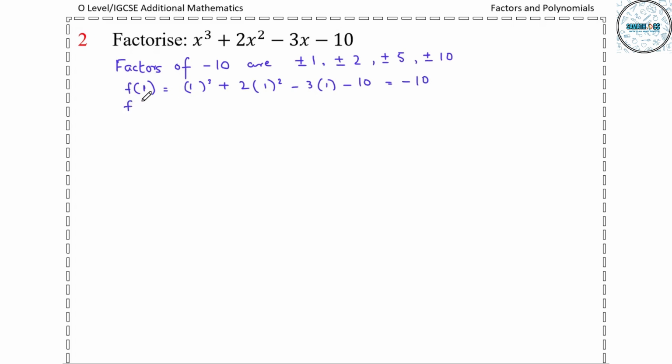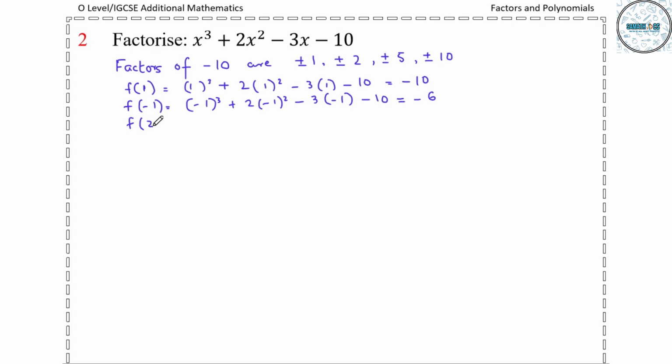Then we will substitute minus 1: minus 1 cube plus 2 into minus 1 square minus 3 into minus 1 minus 10, which is equal to minus 6.